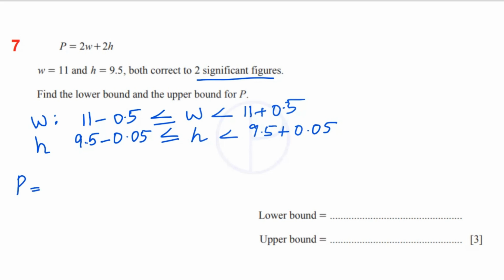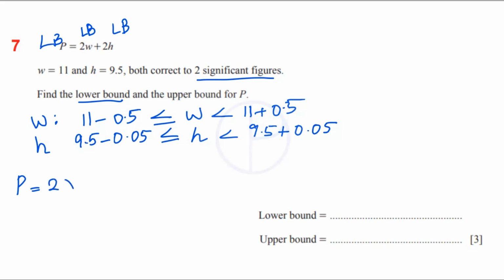We need to calculate P, lower bound. To get lower bound of P, we need to take lower bound of W and lower bound of H. Addition of two lower bounds will give a lower bound.